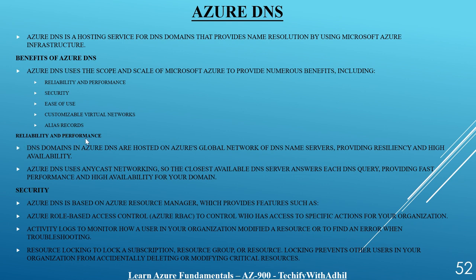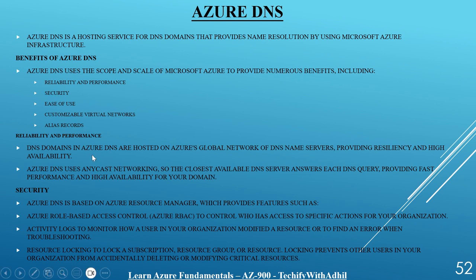So reliability and performance. DNS domains in Azure DNS are hosted on Azure's global network of DNS name servers, providing low latency and high availability. Azure DNS uses anycast networking, so the closest available DNS server answers each DNS query, providing fast performance and high availability for your domain.